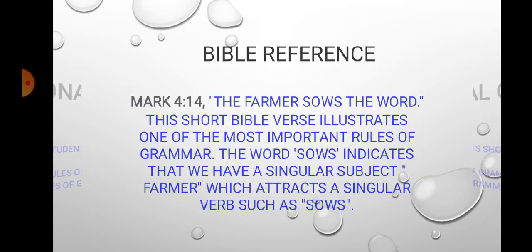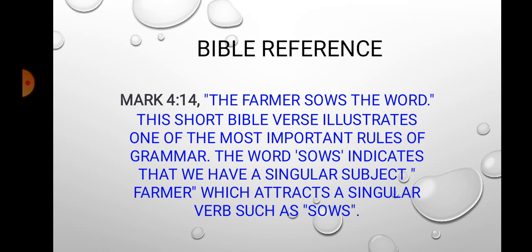Our Bible reference is taken from the book of Mark chapter 14, which says, "The farmer sows the word." This short Bible verse illustrates one of the most important rules of grammar, perhaps the foremost rule of grammar.